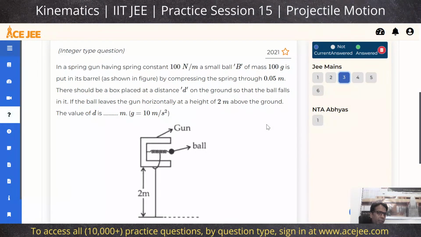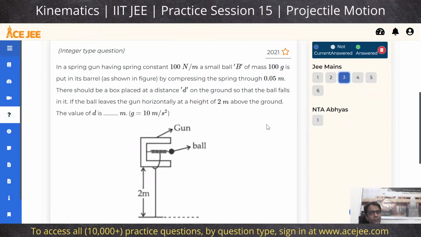that's where conservation of mechanical energy comes in. We have been given the compression of the spring, 0.05 meters, which means the potential energy stored in the spring is half kx squared. What is potential energy? Potential energy is the negative of the work done by the conservative force.